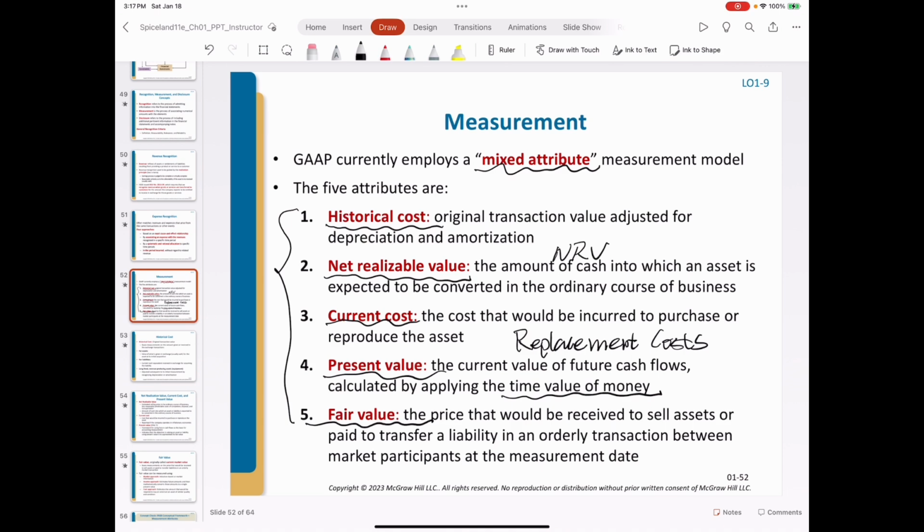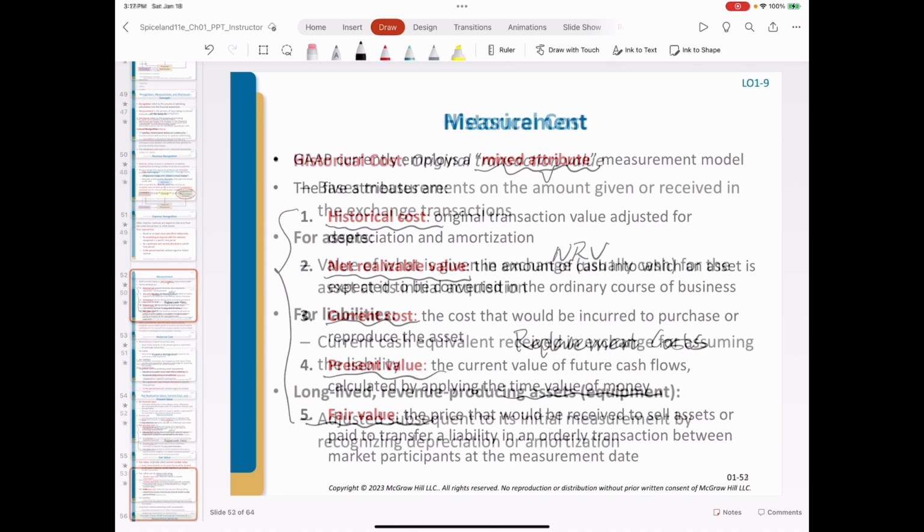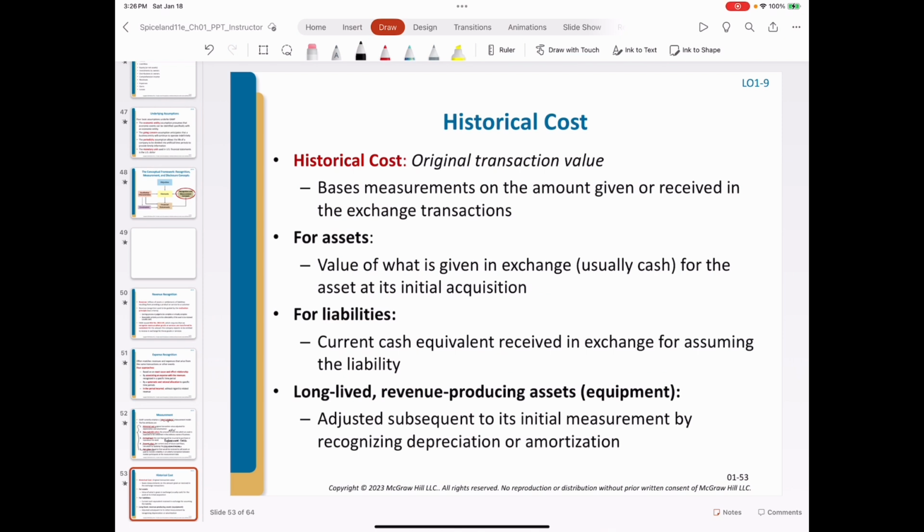So mixed attribute accounting means we use different measurements for financial reporting to maximize the usefulness of information. Historical cost, which is very commonly used in financial reporting for both assets and liabilities. And the historical cost represents the original transaction value.